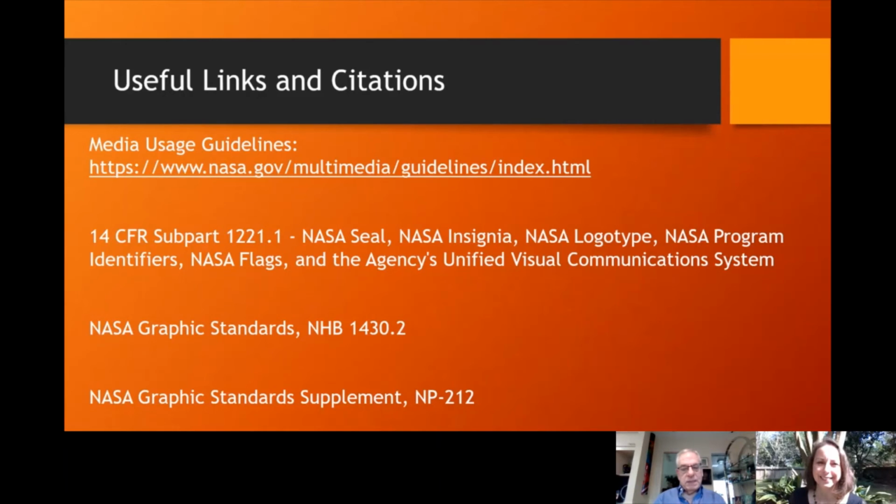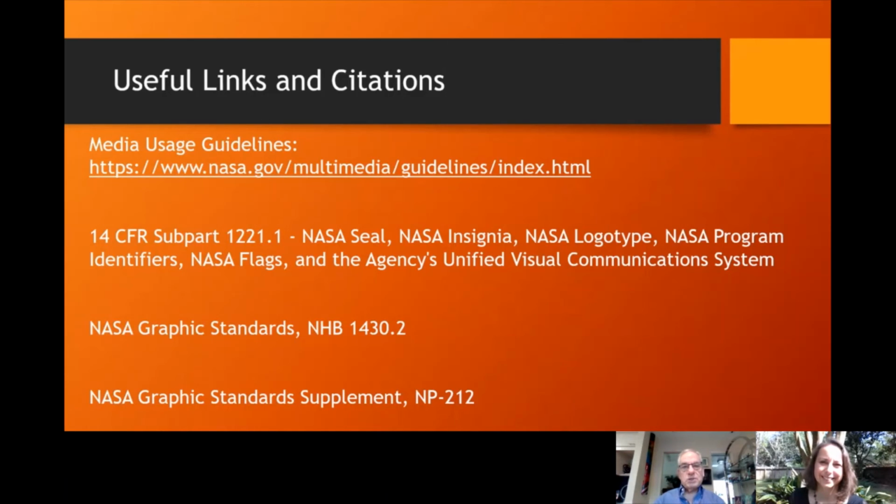Yeah, basically, if you are a contractor, like we stated before, or you have a Space Act agreement with NASA, or some sort of other agreement with NASA, you are certainly free to state in all of your materials factually what that relationship is.